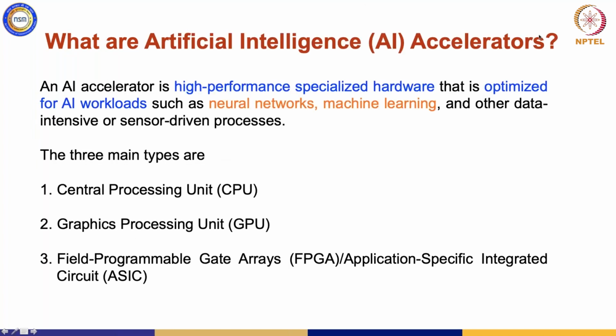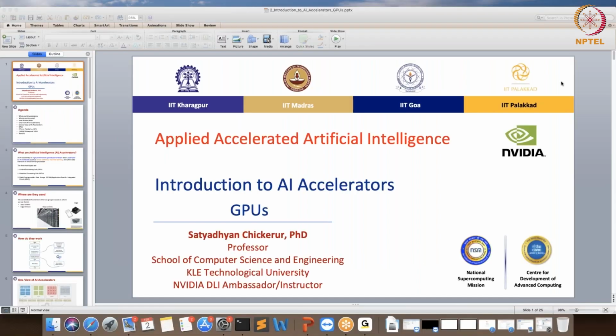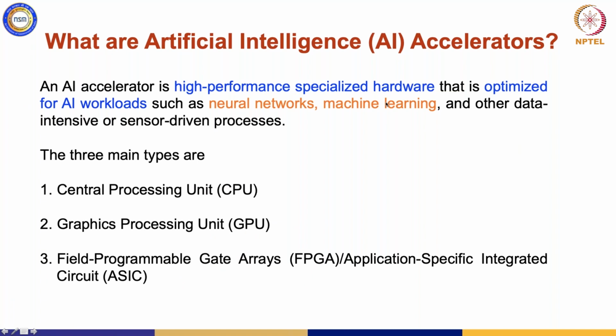If you see, an AI accelerator is a high performance specialized hardware that is specifically meant for AI workloads, which in turn would be neural networks, machine learning programs, and intensive programs which are sensor driven, which involve certain processes which would link all of this.